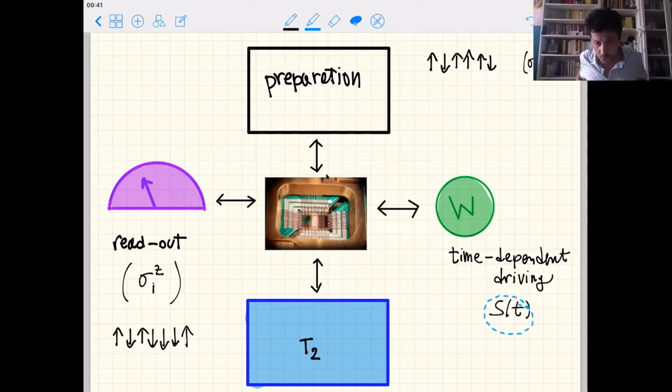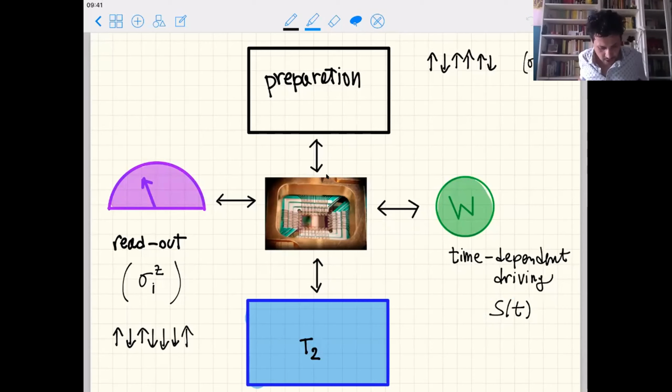At the same time, your chip is not exactly isolated, and our experiments, in fact, show this very clearly. In other words, the dynamics is the dynamics of an open quantum system. So the chip is in contact with a thermal bath at some temperature, which we call T2.